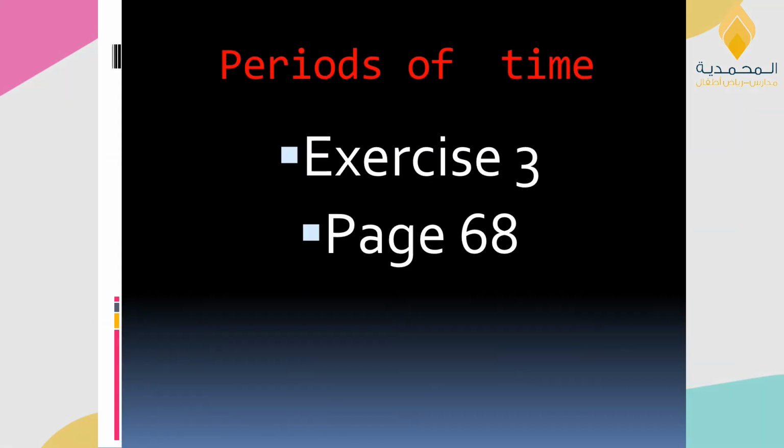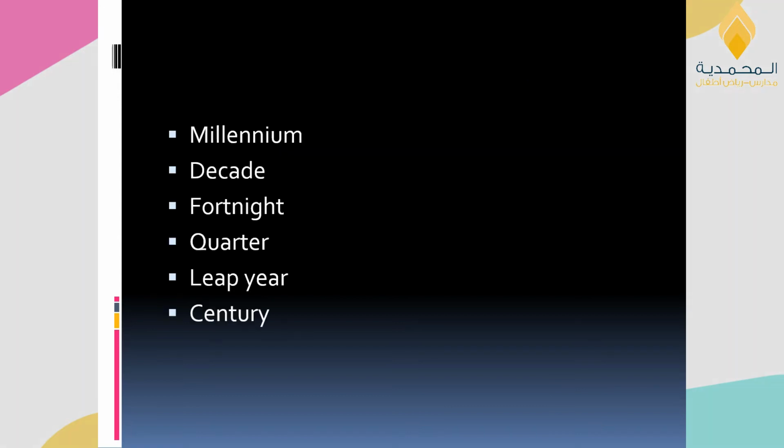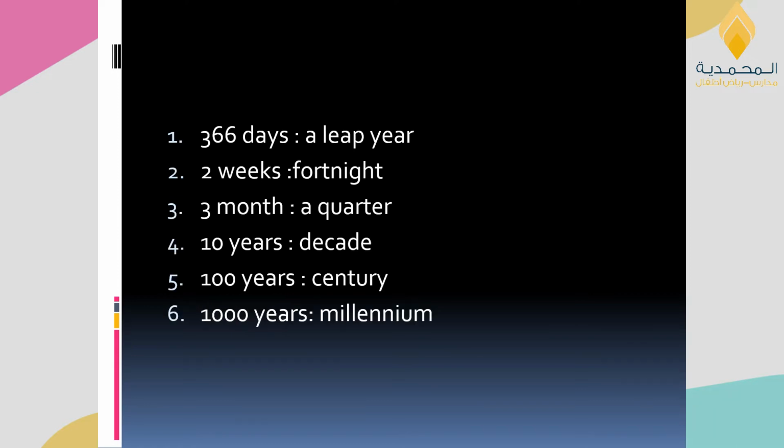Now we're going to start another activity which is about periods of time, which is exercise 3 on page 68. The following words express periods of time: millennium, decade, fortnight, quarter, leap year, and century.